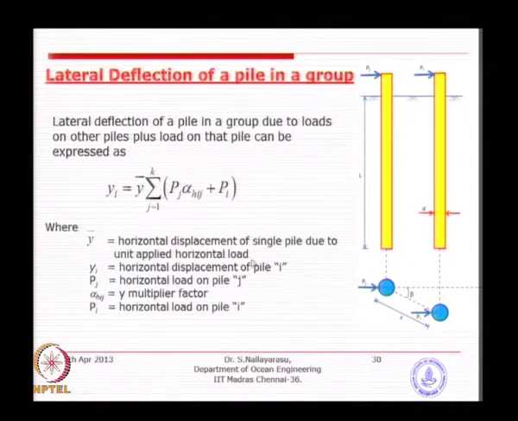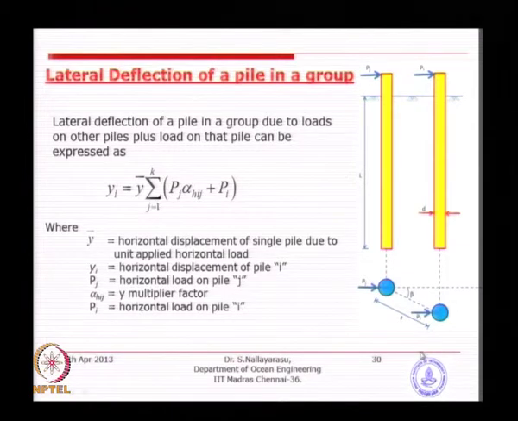So, basically y is the multiplication factor, alpha is the multiplication factor for the displacement of the jth pile due to the ith load. That is the notation, and you just keep doing it for all the piles, and beta is the angle between the two piles which form the group, and the load on this pile is Pi and the load on this pile is Pj. So, you will have k number of piles in the group.